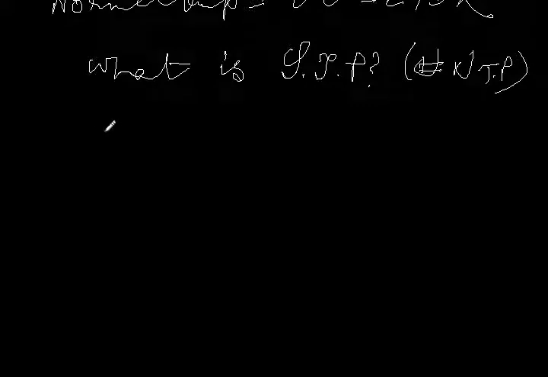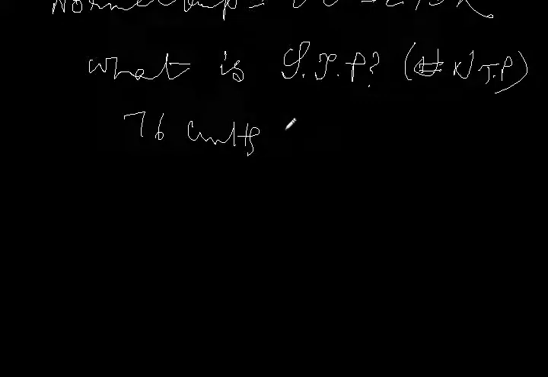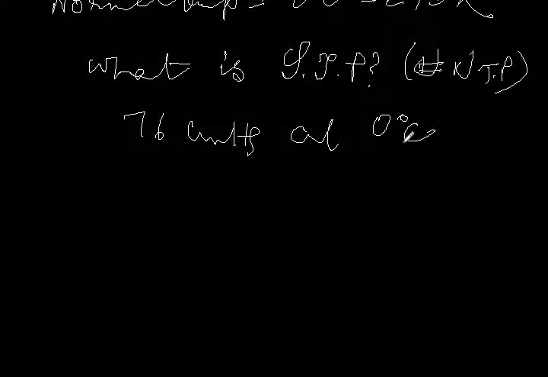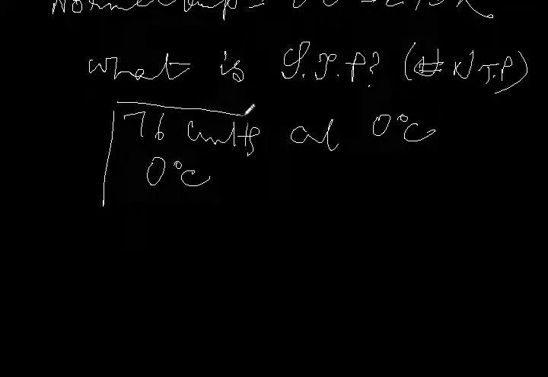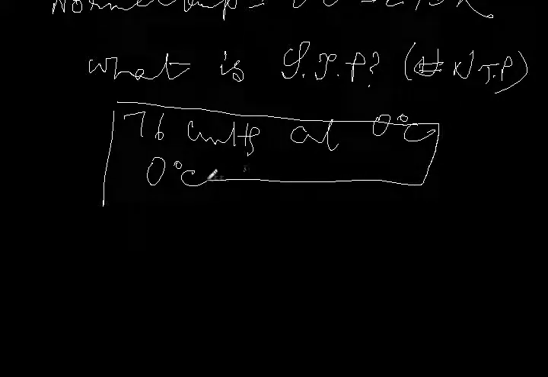Normal pressure means pressure of 76 centimeter mercury column at 0 degree Celsius. You have to mention 0 degree Celsius with pressure, and normal temperature means 0 degree Celsius. So collectively, normal temperature and pressure means pressure of 76 centimeter mercury column at 0 degree Celsius and a temperature of 0 degree Celsius. And always, normally, the volume of a gas is measured at NTP or STP.